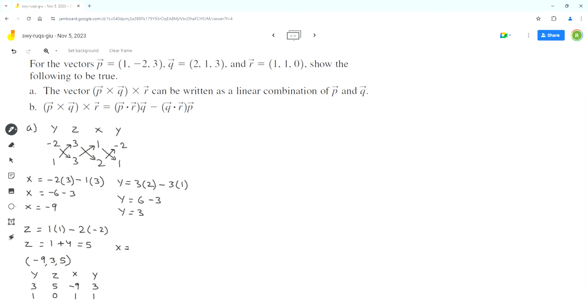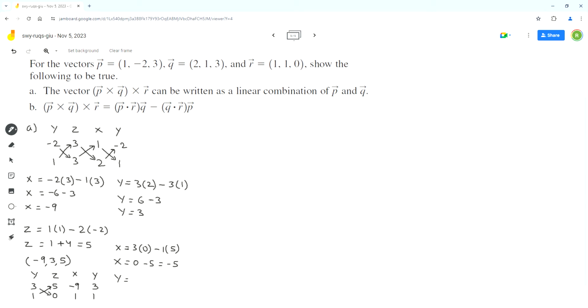So we should cross multiply the y and z components. So 3 times 0 minus 1 times 5. So I get x equals -5. Now we can find the y component.